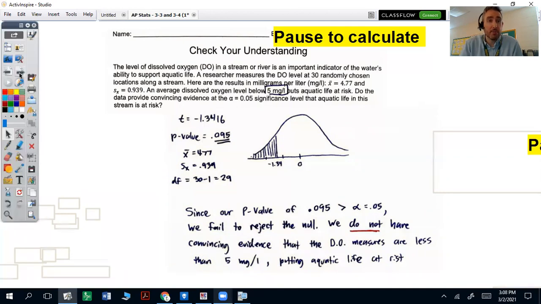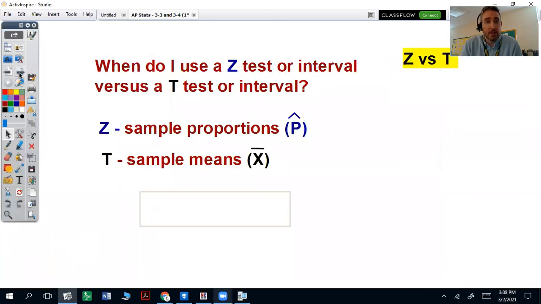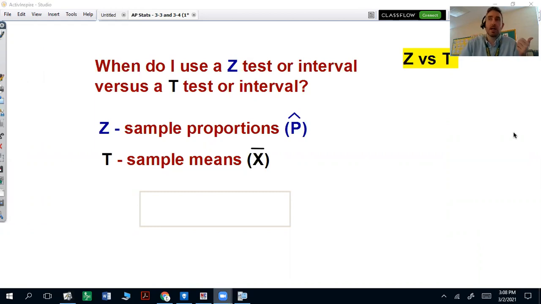You can work on your Sapling, but I want to show you something here, just some things to keep in mind. I know that it might be confusing that we have 2 tests for T, 2 intervals for T, 2 tests for Z, 2 intervals for Z. There's a lot going on, right?